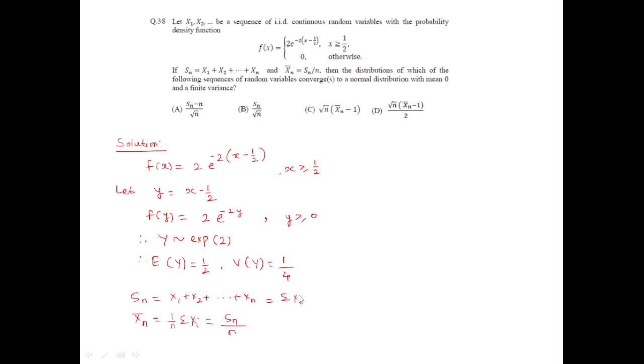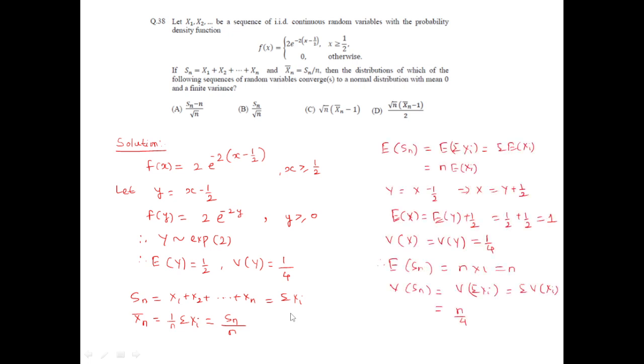Next, X bar n is equal to Sn upon n. To apply the central limit theorem for Sn and X bar n, we have to find the expectation and variance. The expectation of Sn is the expectation of the summation of Xi, which equals the summation of the expectations of Xi, which is n times the expectation of Xi.